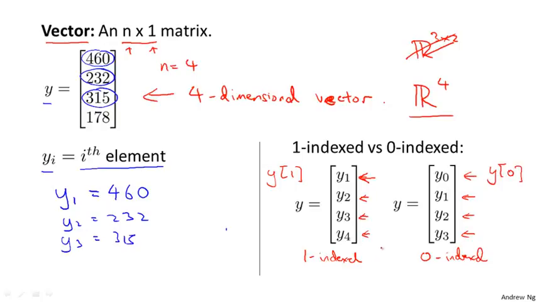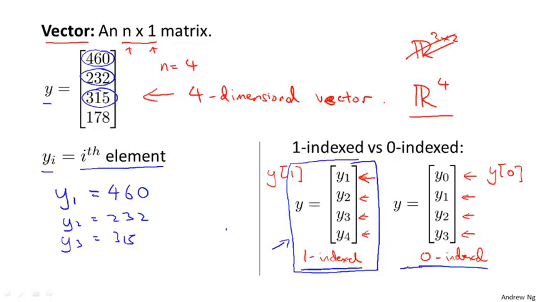In most of math, the 1 index version is more common. But for a lot of machine learning applications, 0 index vectors give us a more convenient notation. So unless otherwise specified, you should assume that we're using 1 index vectors. In fact, throughout the rest of these videos on linear algebra review, I will be using 1 index vectors. But just be aware that when we talk about machine learning applications, sometimes I'll explicitly say when we need to use 0 index vectors as well.